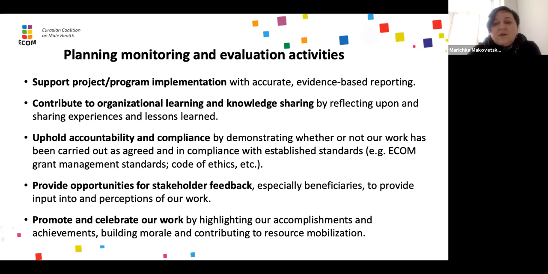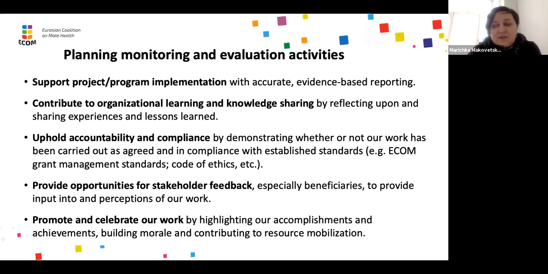A good M&E system and a good methodological framework of the project will provide opportunities for stakeholders' feedback. Especially, you should be interested in your beneficiaries or your clients, especially if you are a service-oriented organization. And the last one is promote and celebrate our work. What does this mean? It's basically connected to the evaluation or annual reports.